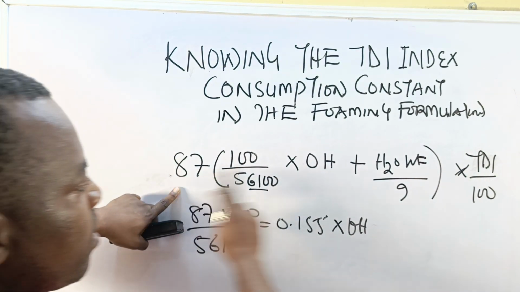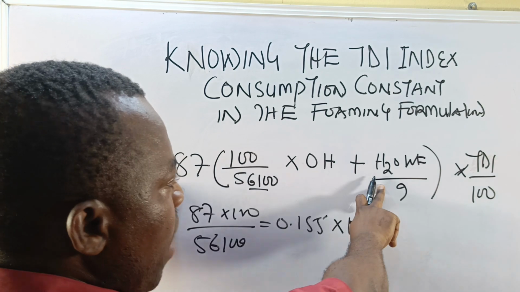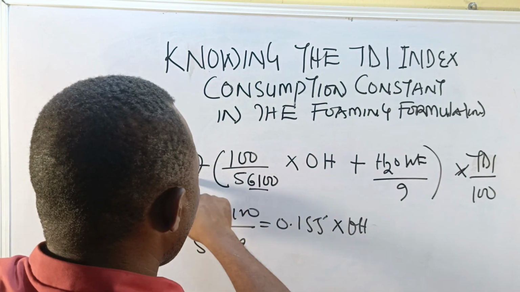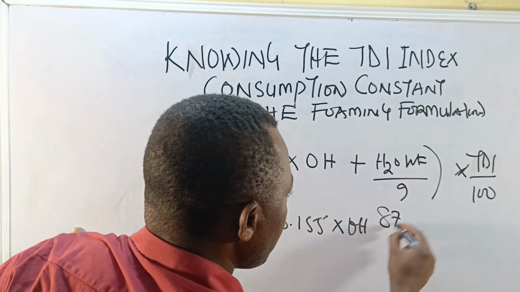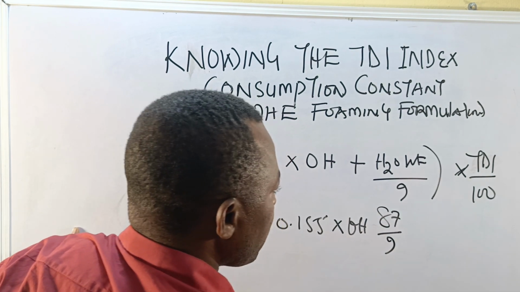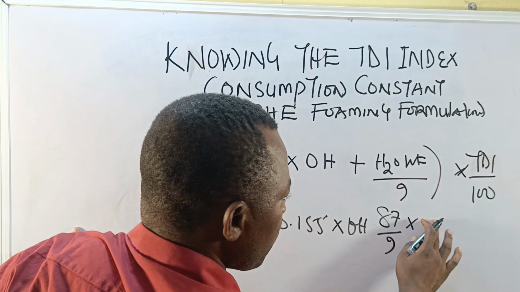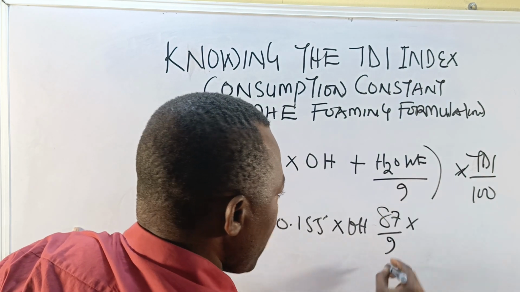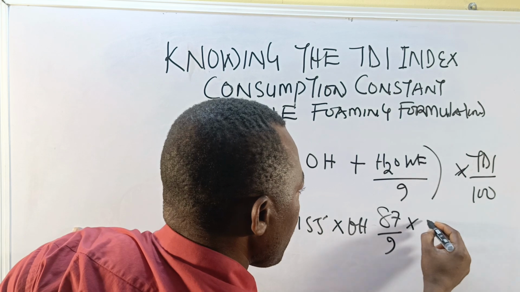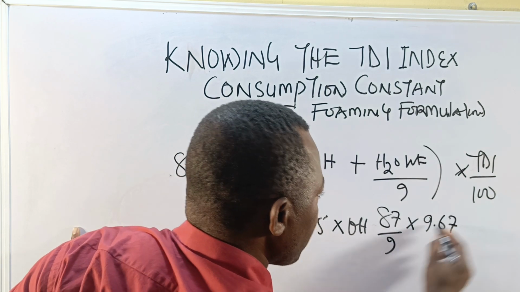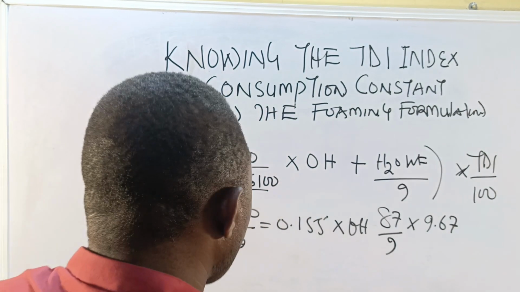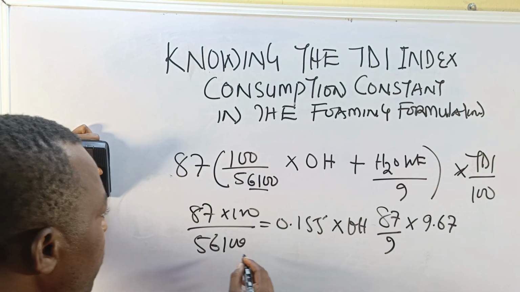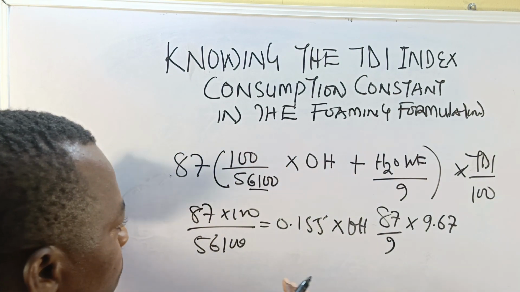So this times the weight of that water. In this case, we'll be having 87 divided by 9, times that. So when you have this by this, you'll be having 9.67.